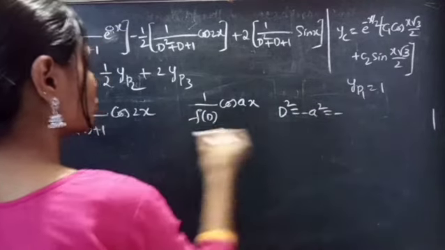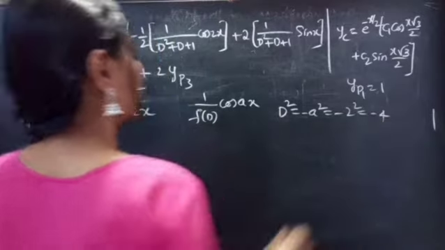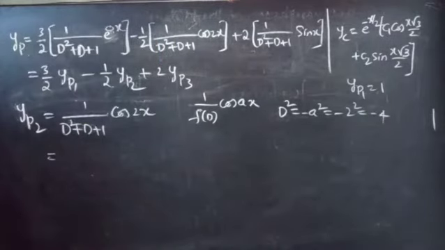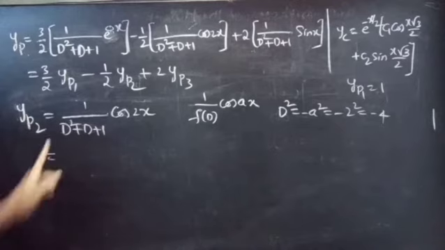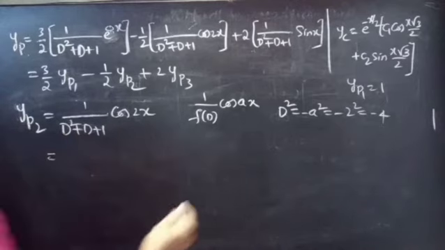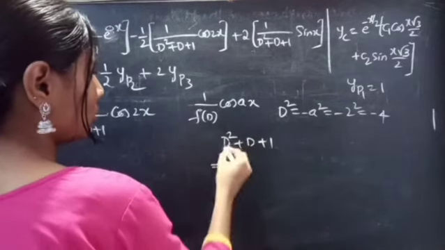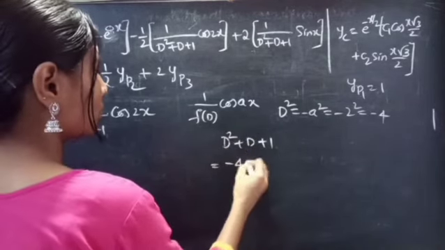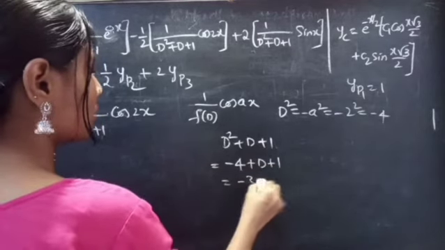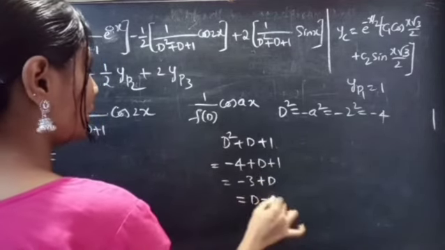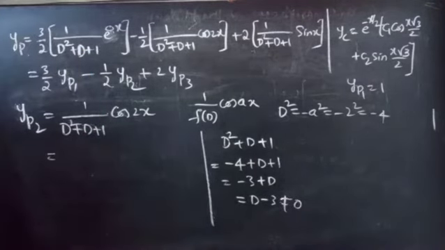Then for a equals 2, we'll get minus 2 square, which equals minus 4. We should always remember that the denominator must be non-zero. So let's see what happens if we replace D square by minus 4 in the denominator. Replace D square by minus 4, then you will get minus 4 plus D plus 1, which equals minus 4 plus 1 is minus 3 plus D, which equals D minus 3, which is non-zero, right?